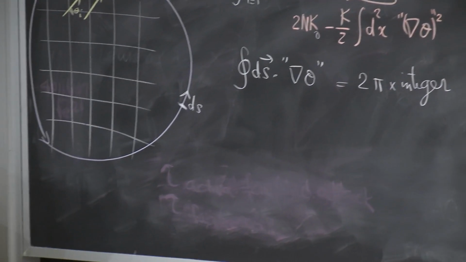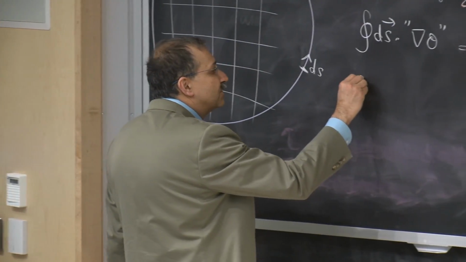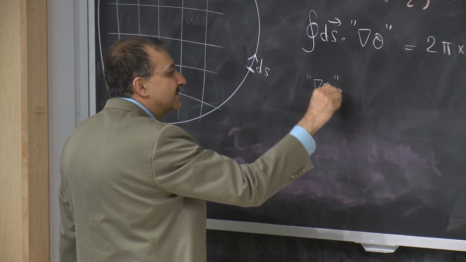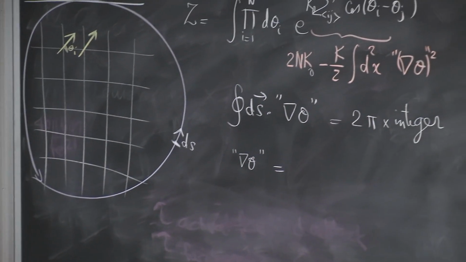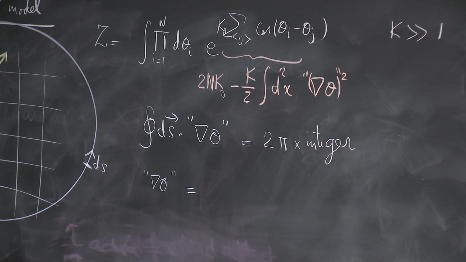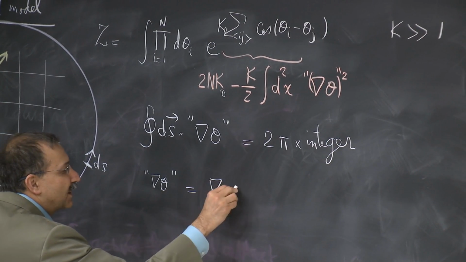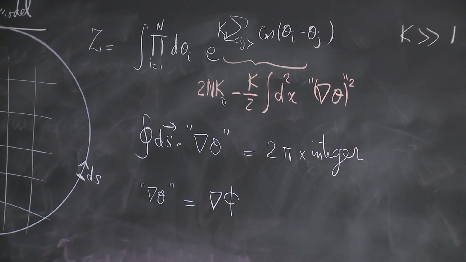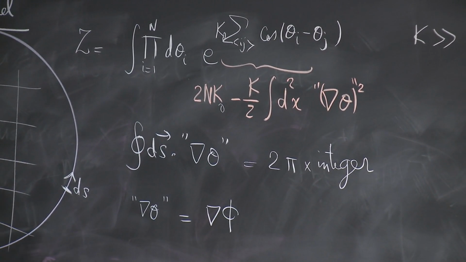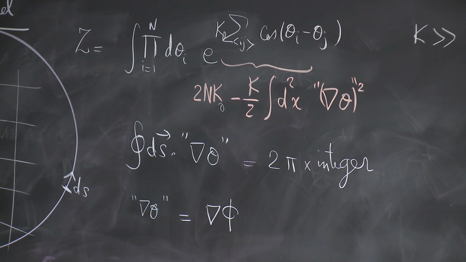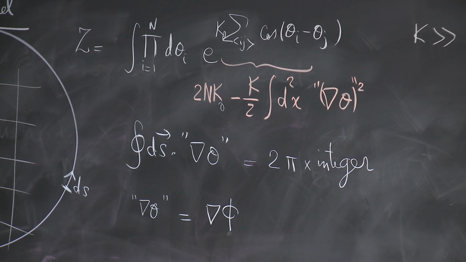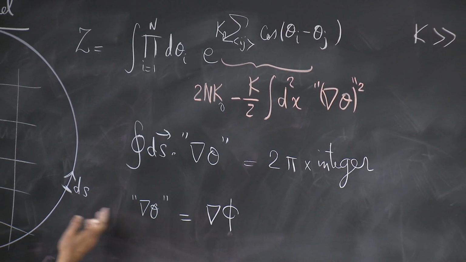So how do we account for this? The way we account for this is that we note that this gradient of theta I can decompose into 2 parts. One where I just write it as a gradient of some regular function. And the characteristic of a gradient is that once you go over a closed loop and you integrate, you essentially are evaluating this field phi at the beginning and the end. And for any regular single-valued phi, this would come back to 0.